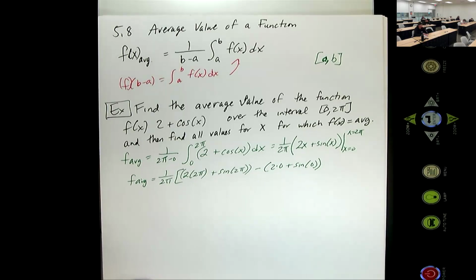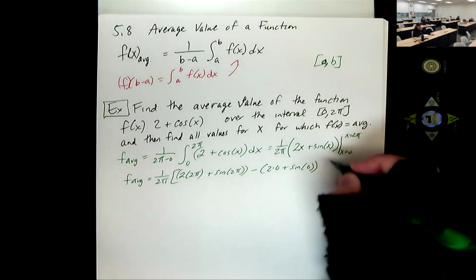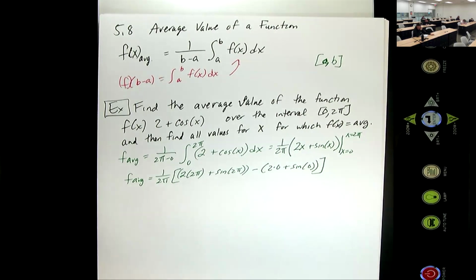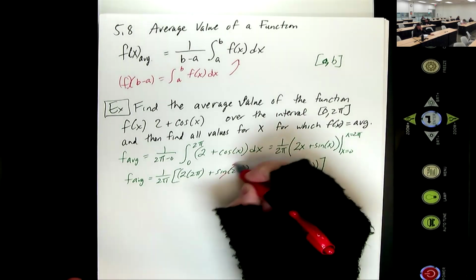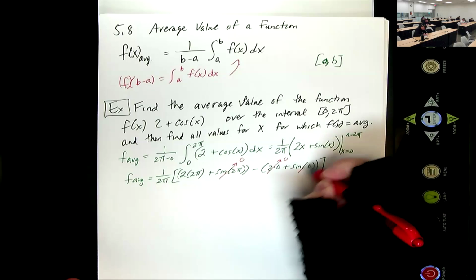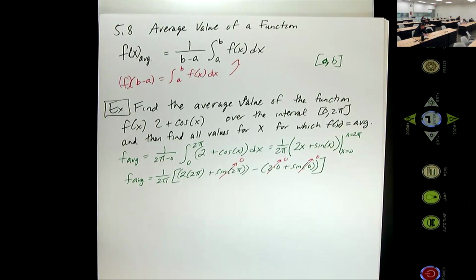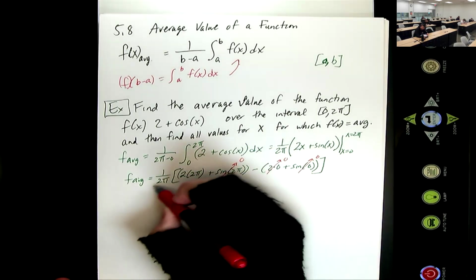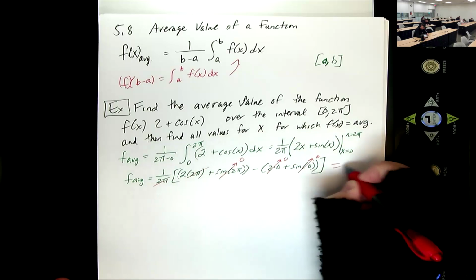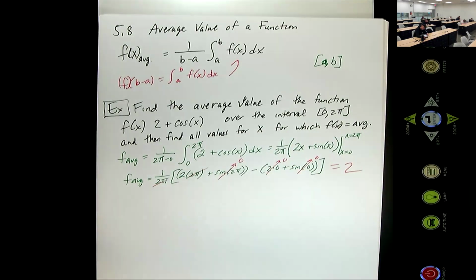So don't automatically assume that just having a 0 is 0. But in this case, sine of 0 is 0, and so is the 2 times 0. And so is sine of 2 pi. Almost all of this zeros out. Boom, 0, boom, 0, boom, 0. And I am left with 1 over 2 pi times 4 pi, the 2 pi's cancel, and I'm just left with 2. I'm missing an equal sign here.